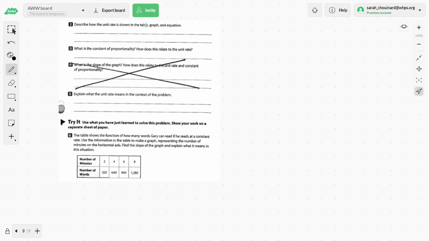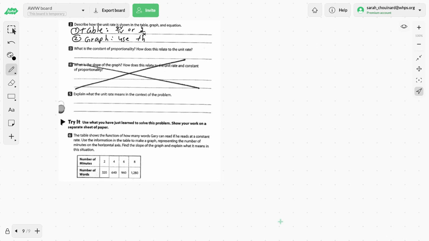So how is the unit rate shown in a table, graph, and equation? In the table, the unit rate is calculated by doing the DV divided by the IV, or the Y divided by the X. Same thing with the graph.